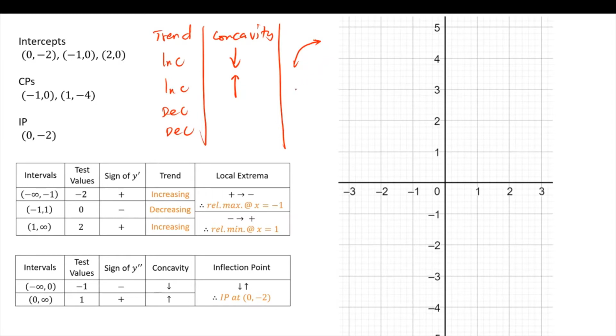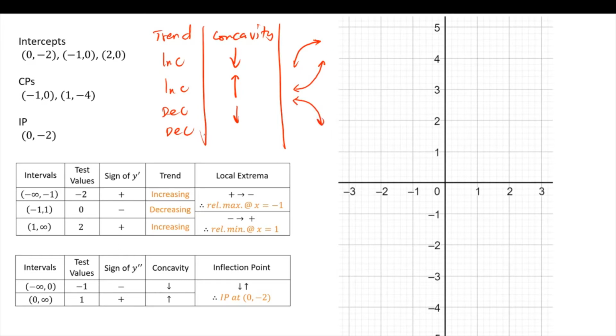However, the concavity is upwards. Okay, so if the function is decreasing and the concavity is downwards, so decreasing meaning the graph is going downwards from left to right, and the concavity is downwards also, then it looks something like this one.